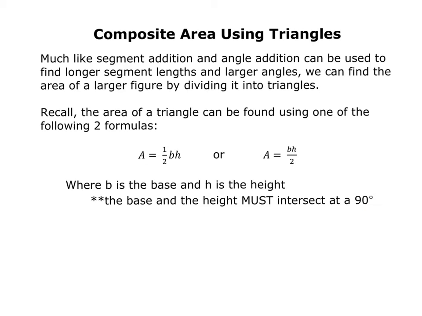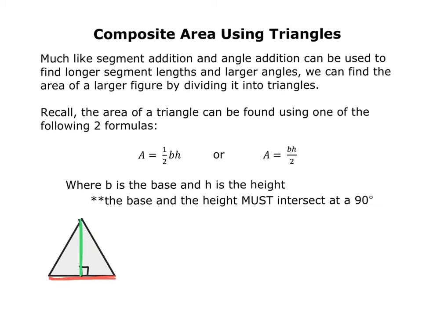If you look at an acute triangle, our altitude, or our height, which is the same thing, is inside our triangle, and we have our base and our height. And they intersect at a 90-degree angle.